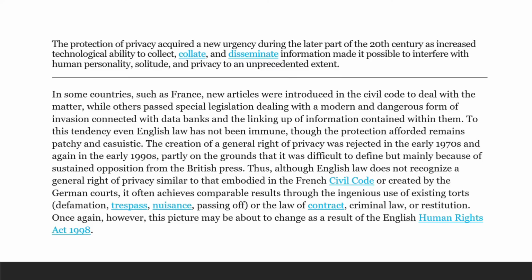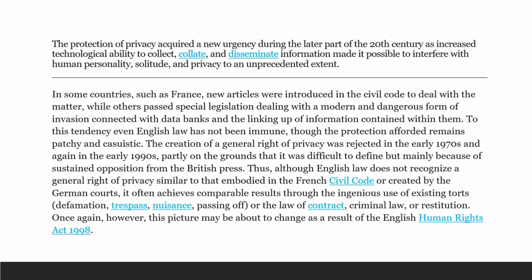Thus, although English law does not recognize a general right of privacy similar to that embodied in the French Civil Code or created by the German courts, it often achieves comparable results through the ingenious use of existing torts, defamation, trespass, nuisance, passing off, or the law of contract, criminal law, or restitution.